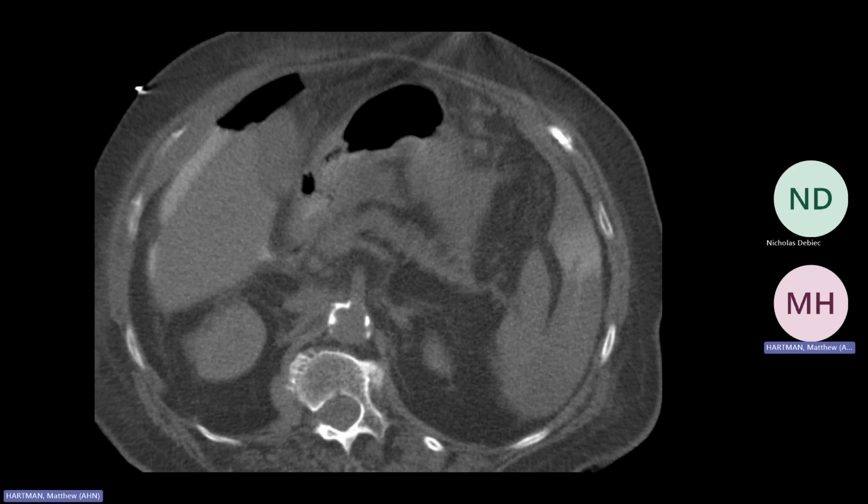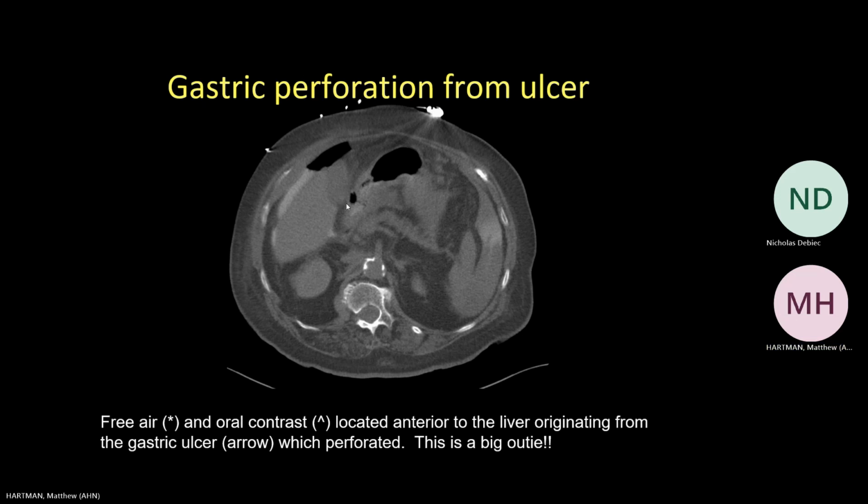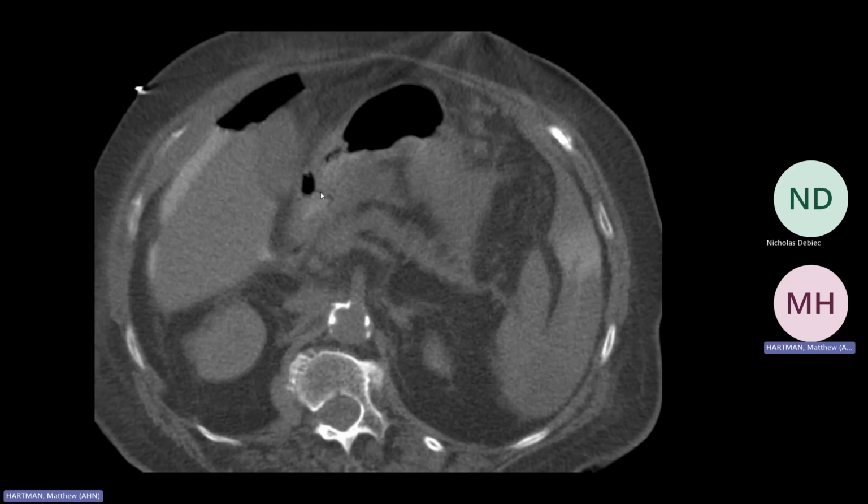I'll give you guys a couple of seconds and see if we made the findings. I'd say, hey, the stomach doesn't look too bad. And I'll agree, it doesn't look as thickened as some of those other cases we had, but we do have some air there. And the most important finding is this high density stuff. This is the oral contrast.